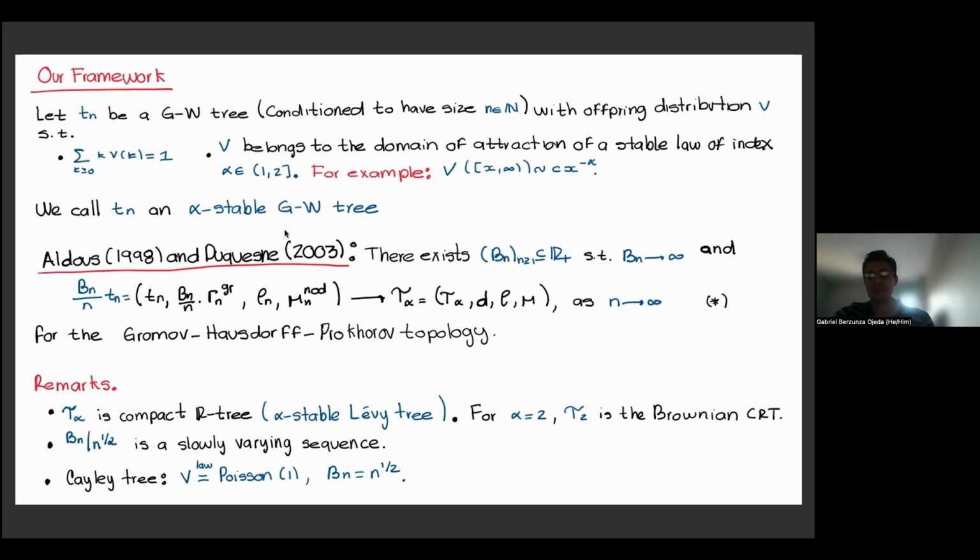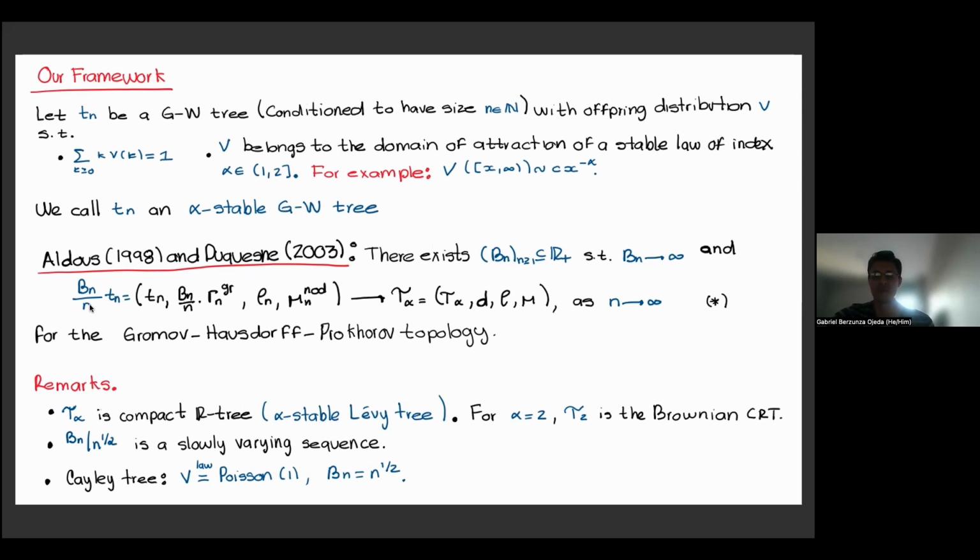So as for the Cayley tree, which, as I said before, if you rescale it properly, will converge to the Brownian CRT, for this alpha-stable Galton-Watson tree you have a similar result. There exists a sequence, which I will denote by Bn, so that if you rescale the edge lengths of this discrete tree by a factor Bn over n, and you let the size go to infinity, you will converge to some limiting object.